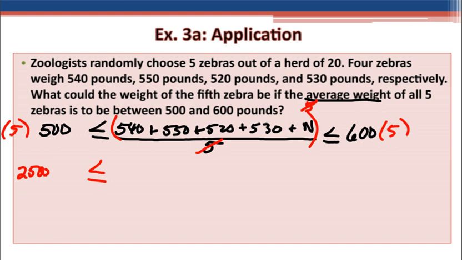And then the inside, I'm going to add those all up. So 540 plus 550 plus 520 plus 530 gives me 2,140 plus the 5th zebra. Has to be less than or equal to 600 times 5, which would be 3,000.